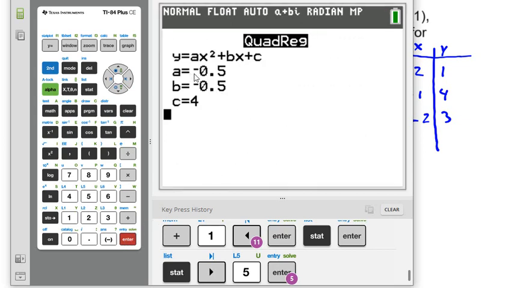And so we get negative 0.5 x squared minus 0.5 x plus 4.